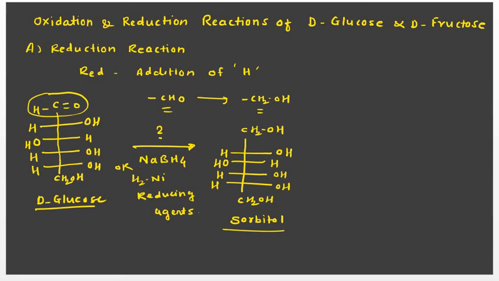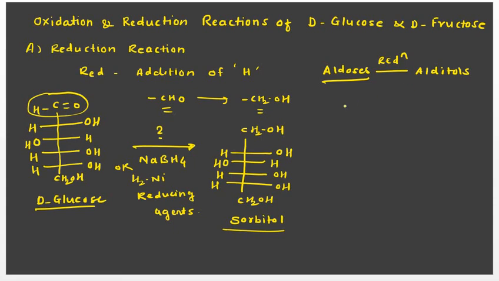So always remember that when aldoses are reduced, they form alditols.